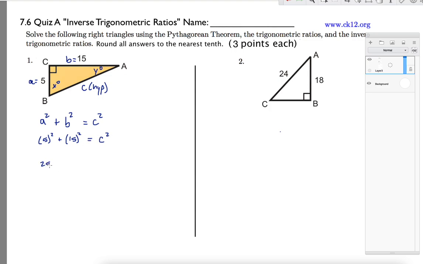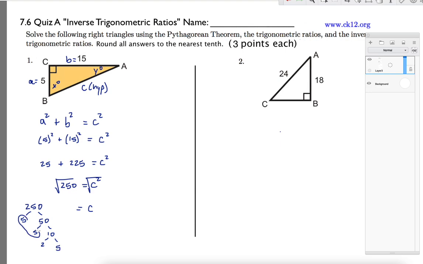So we've got 25 plus, what's 15 squared? That's 225, equals C squared. Add those together, I got 250. Now I have to take the square root of 250. 250 breaks down into 5 times 50, 5 and 10, 2 and 5.